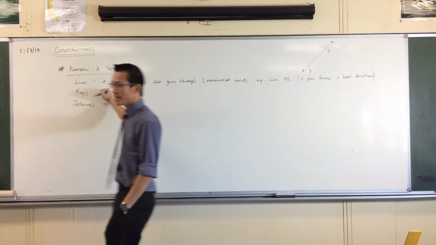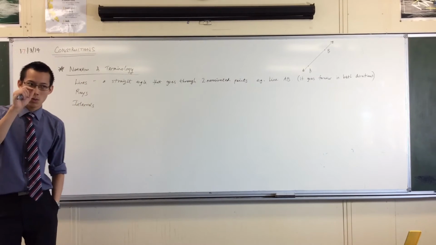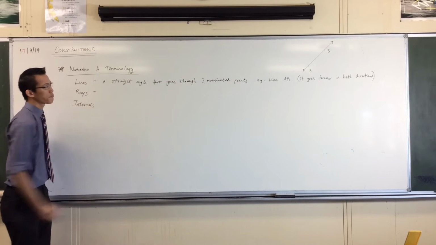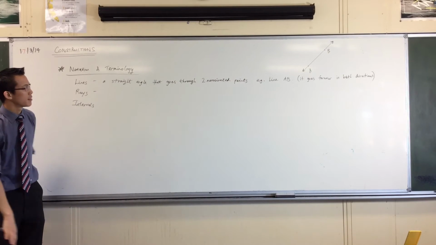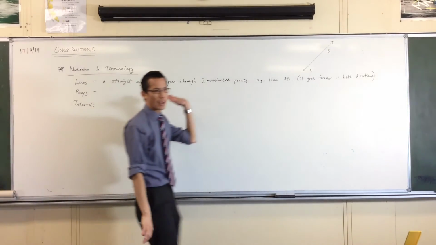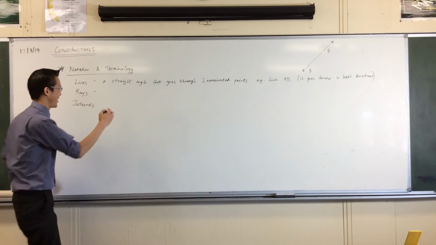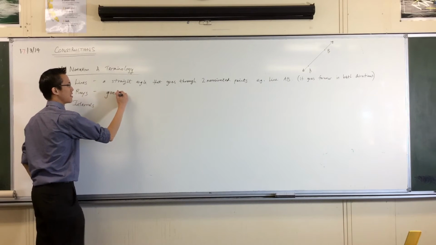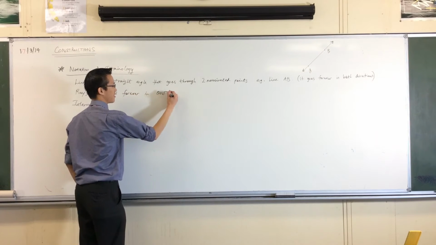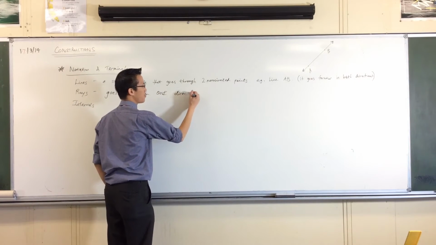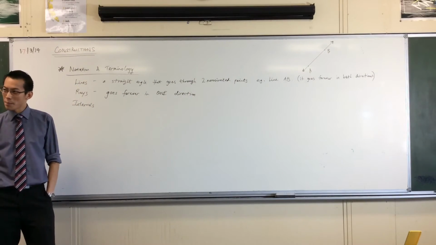Now a ray is exactly the same idea with one little difference. It still goes through a couple of different points, but it doesn't go forever in both directions. It only goes forever in one direction. Here's what it might look like.